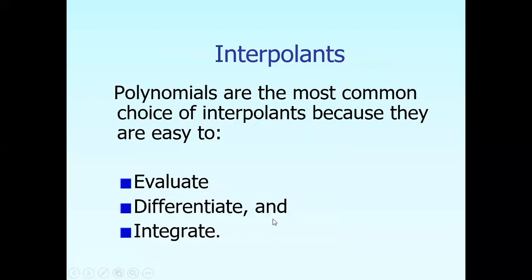For the interpolation method, polynomials are the most common choice of interpolants because they are easy to evaluate, differentiate and integrate. Means the Newton's divided difference formula, or Newton's forward or Newton's backward difference formula.